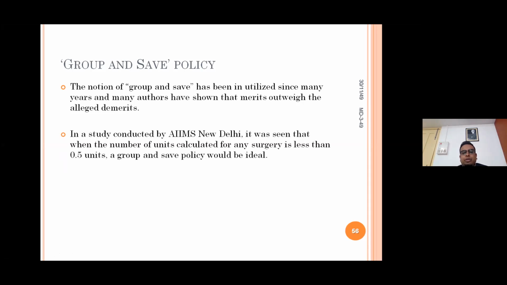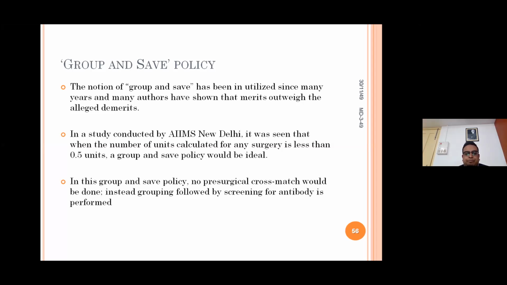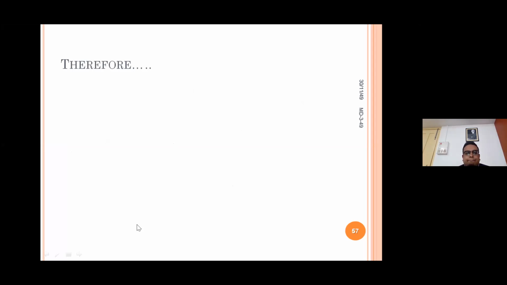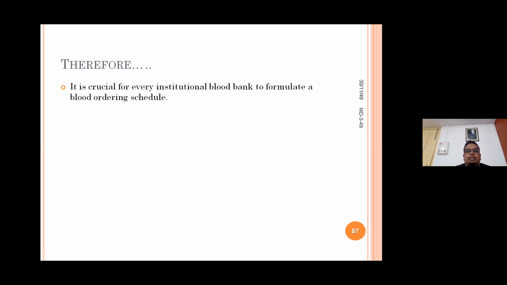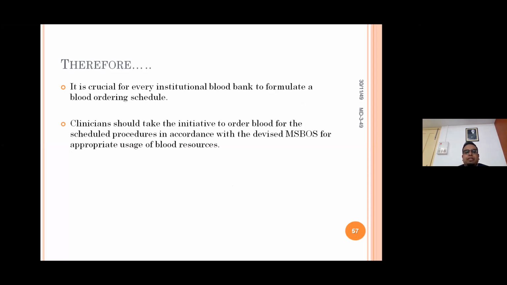That would suffice for that patient. So no pre-surgical cross-match would be done. Instead, grouping followed by screening for antibodies is performed in this policy. Therefore, it is crucial for every institutional blood bank to formulate a maximum surgical blood ordering schedule.